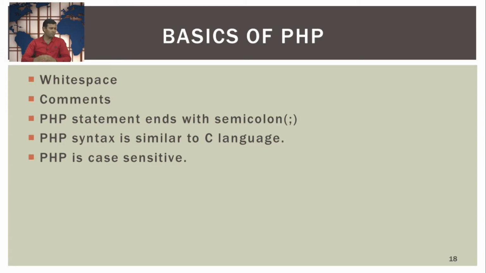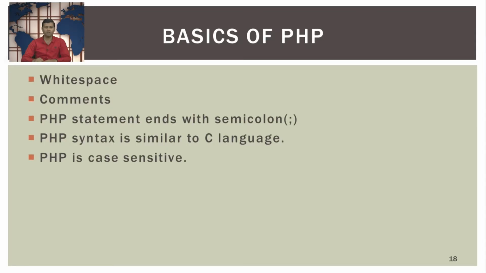Then, PHP statements end with a semicolon. Each PHP statement ends with a semicolon. If you do not provide a semicolon, PHP will consider it a continuous statement. PHP syntax is similar to C language, and PHP is case sensitive. So, it will be different if you write the same thing in small case, uppercase or camel case.